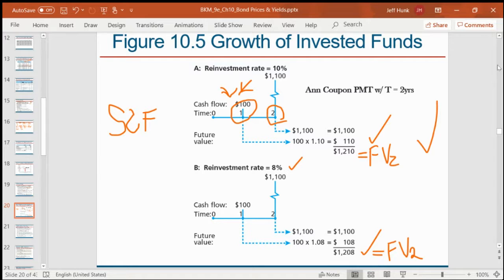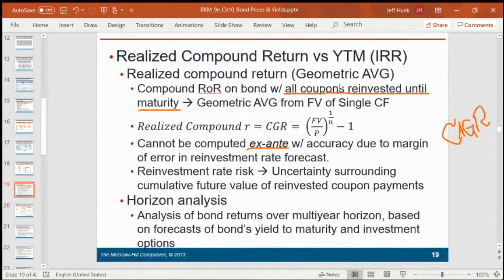Now, this is what is meant by yield also, right?